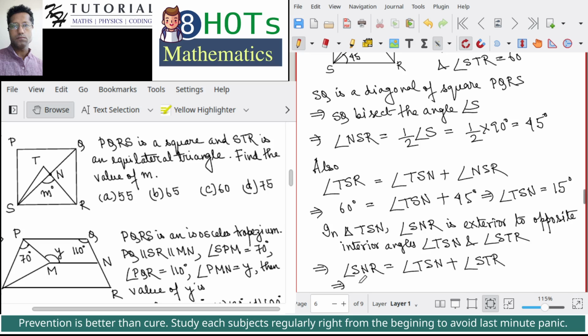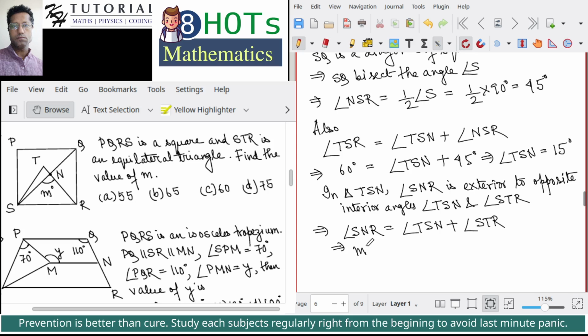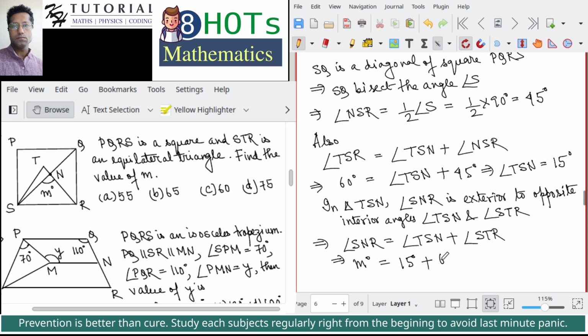So m degrees is equal to, what is angle TSN? Angle TSN is 15 degrees. And angle STR is 60 degrees. So this is equal to 75 degrees. If we ignore the degree, m is equal to 75. So the correct choice is D.